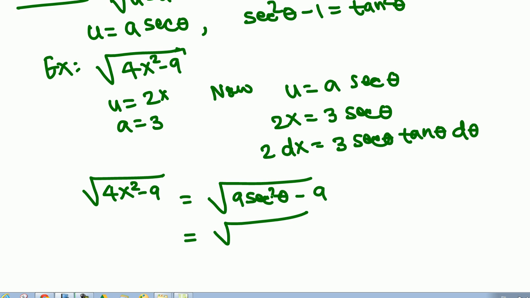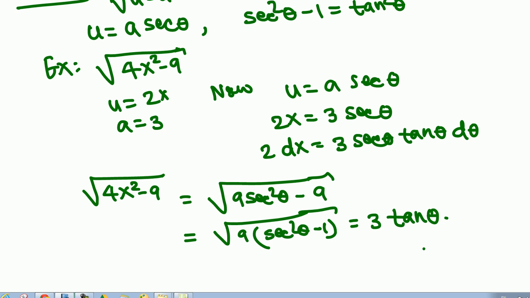We can factor 9 out from these two terms, and we get 9 times secant squared theta minus 1. The square root of 9 is 3, and we get the square root of secant squared theta minus 1. Secant squared theta minus 1 is tangent squared, so the square root of tangent squared is tangent theta. That's how we get rid of the radical sign.